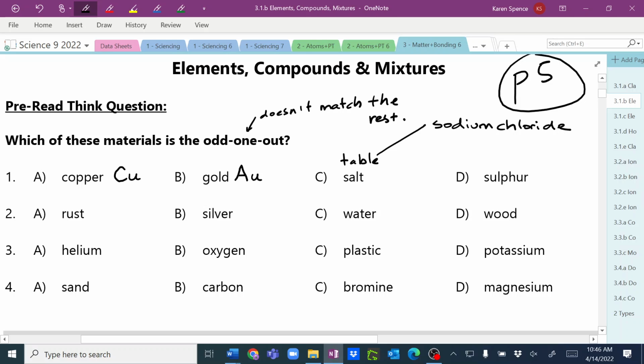Do you know the formula for sodium chloride? What's the formula for sodium? Na. And this is a compound, so it is bonded together with the Cl, and so we write those two touching each other, all in one word, as it were. Okay, yes?